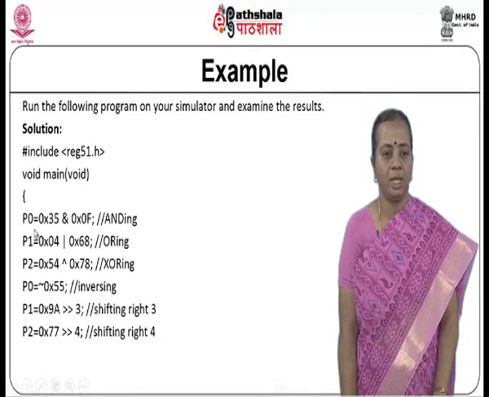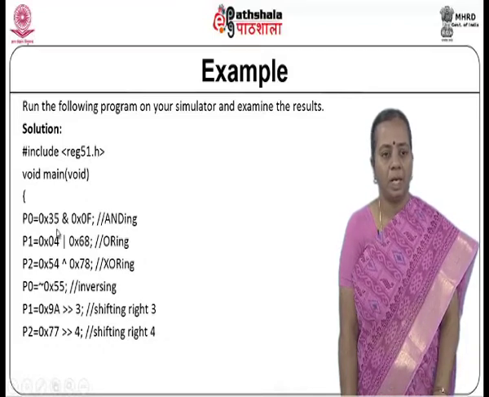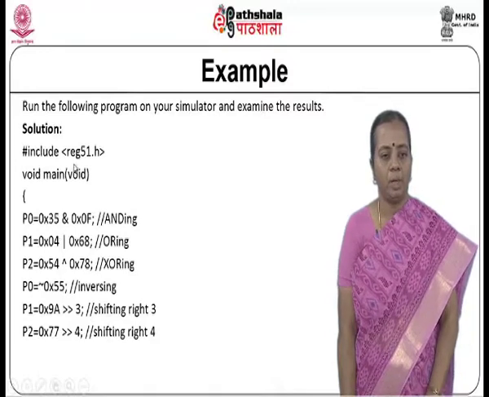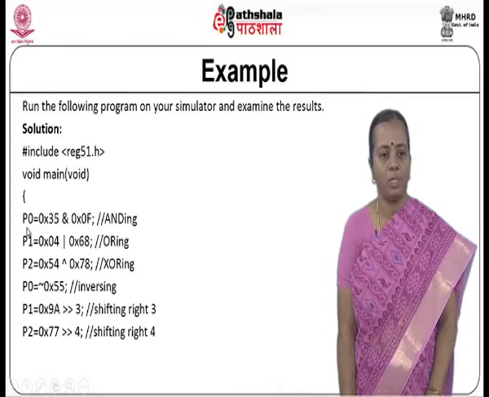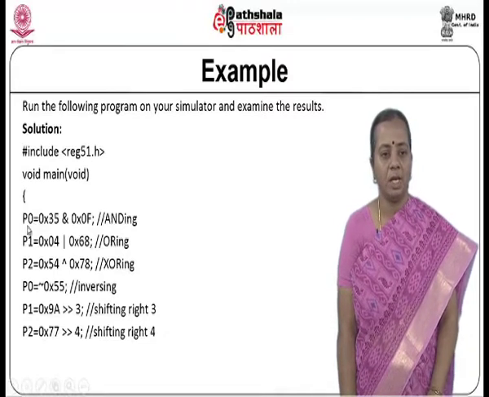So, you just see that here P0 is equal to, because include reg51.h says that the reg51 library is included, so that it is directly telling that it belongs to the 8051 microcontroller. Because of that I can directly say P0 is equal to something, then it will automatically identify that this is port 0.